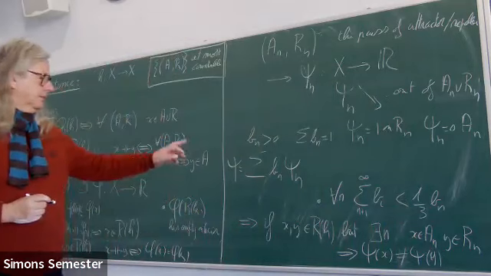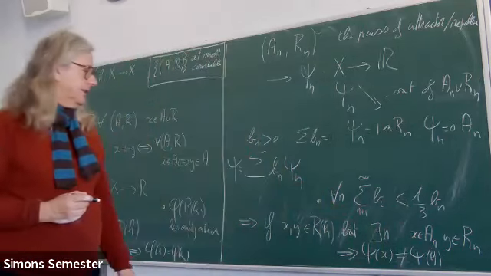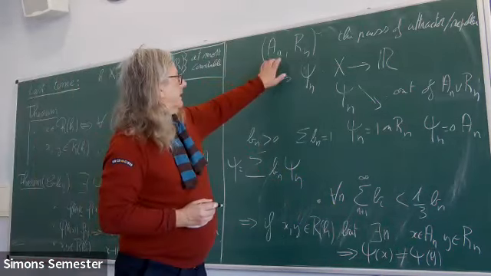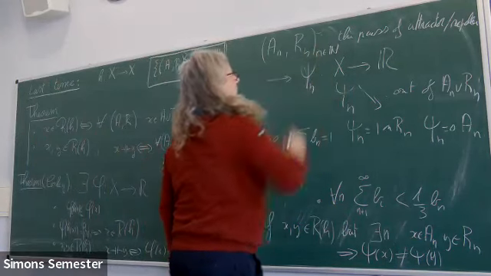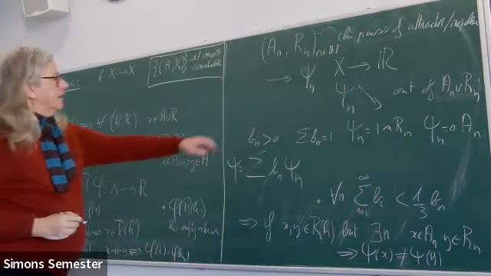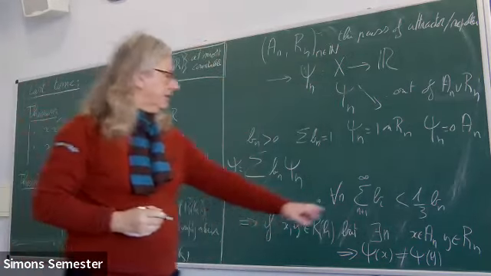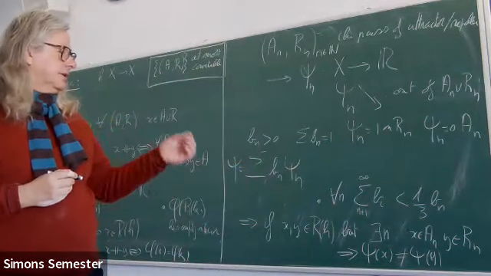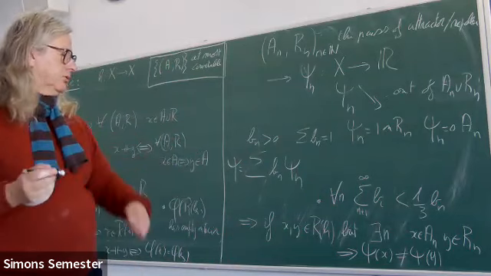So why is that? I take the first such n, because my attractor-repeller pairs are indexed by the integers. So I can take the smallest n so that my two points are not in the same attractor or in the same repeller. And one is in the attractor, the other in the repeller.